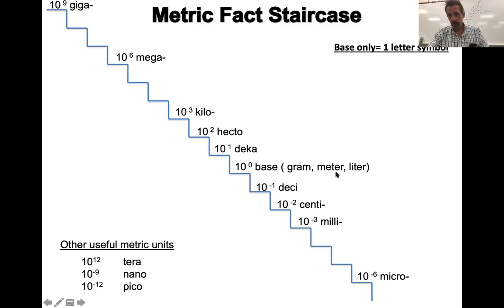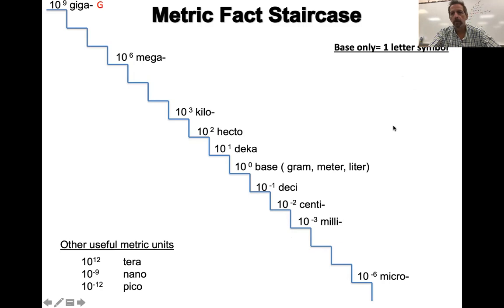We could do the same thing with meter or liter. That's the beauty of the metric system. It's consistent. The prefixes always mean the same thing, and it always relates to a factor of 10. How many times we use a factor of 10 relates to what the specific prefix is and what factor of 10 has been assigned to it. We'll take a look at how that works today.